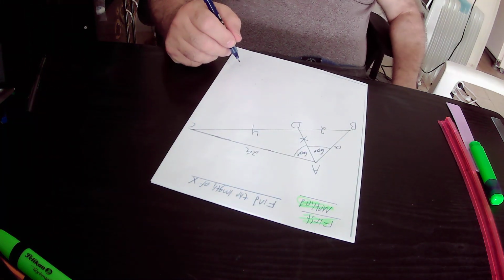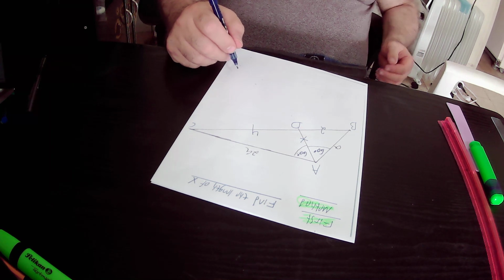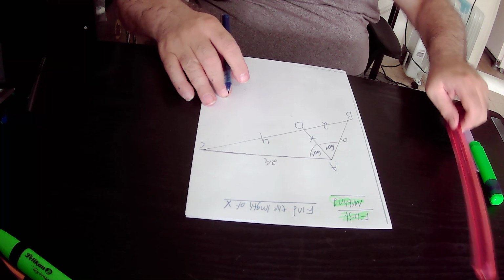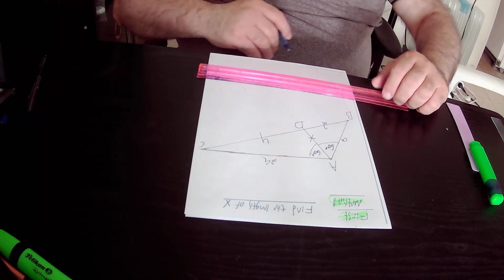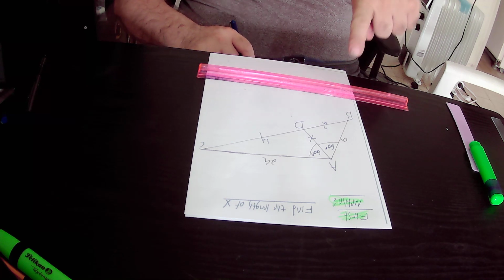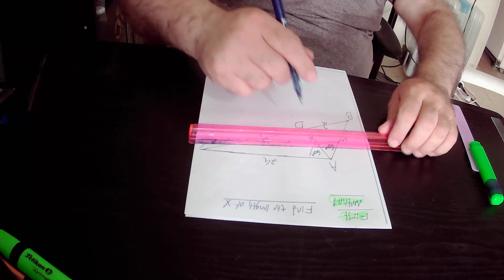In the next step, we will do a construction. We will extend side AC of triangle ABC by a straight line.